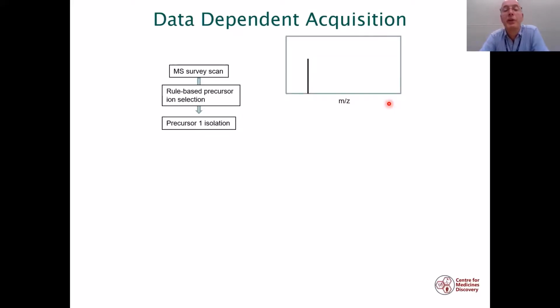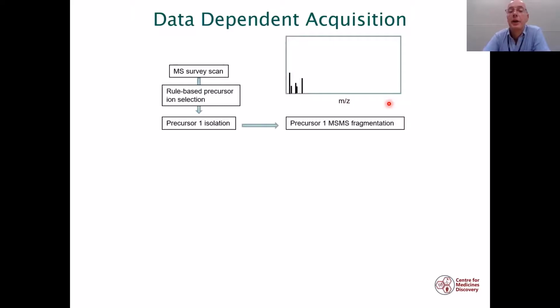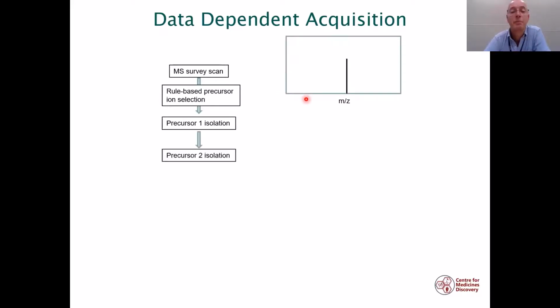So it's important that you select the parent ion first before fragmentation. So that's what we've done. We've isolated the first precursor. That is then fragmented, and we generate an MS-MS spectrum. So these are your fragment ions from your precursor 1.